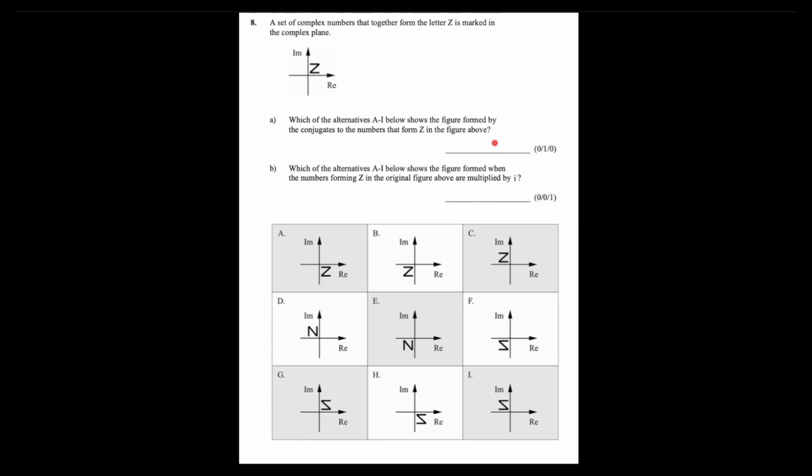It will generate what? H. Yes. I hope that everyone agrees. You need to have a little bit of imagination. Flip it about the x-axis. Is it clear for everyone that this will be the result? Yes or no? Okay.